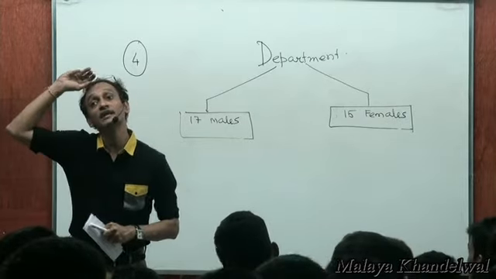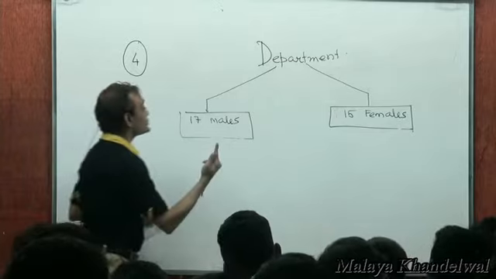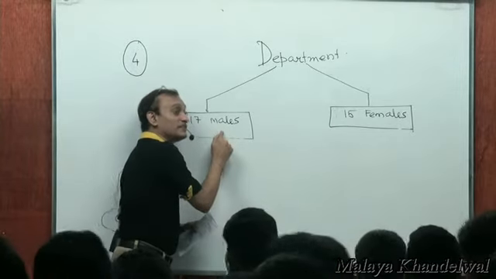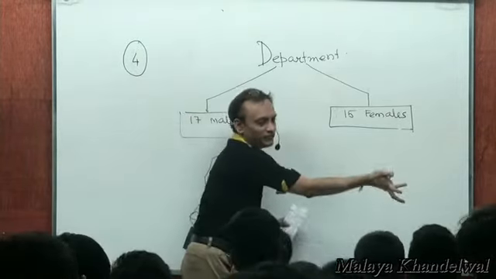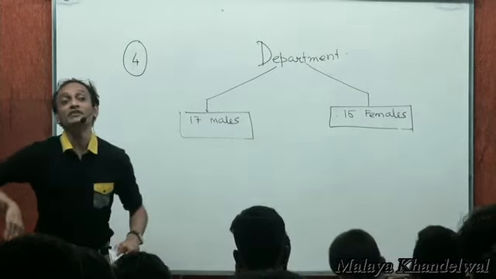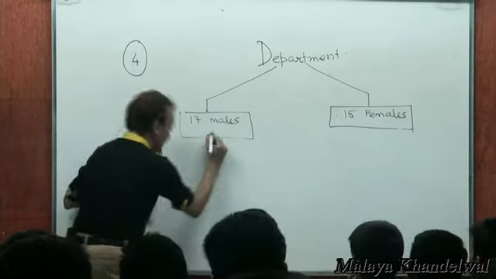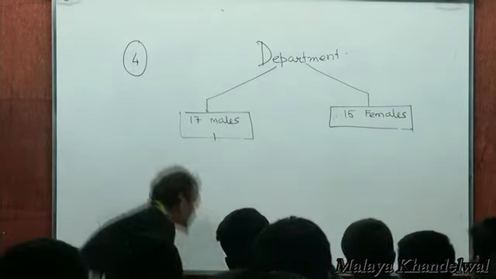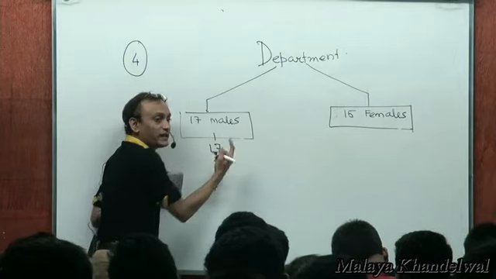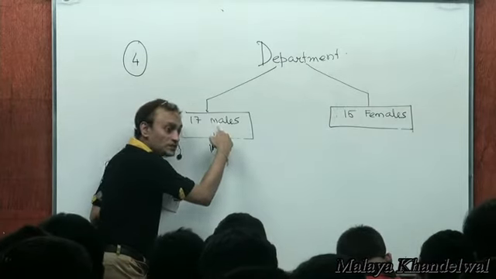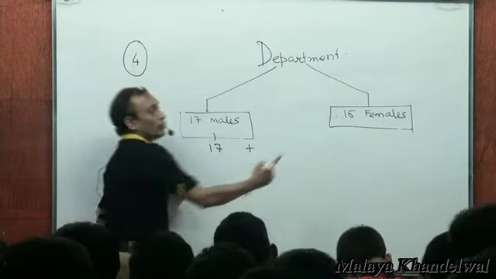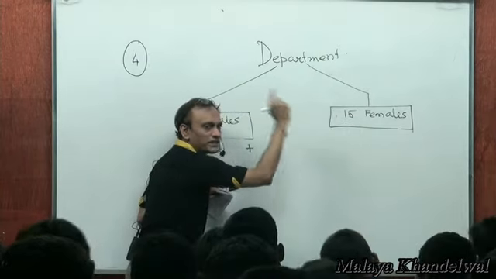So in how many ways can that be done? That one person would be selected either out of 17 males or 15 females. Out of these 17 males, in how many ways can I select one representative? 17 ways, right? So 17 ways of selecting a representative from this, or 15 ways of selecting one representative from this.